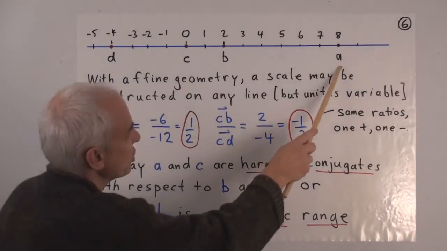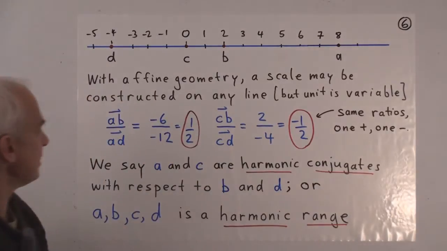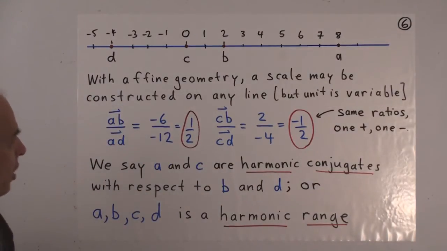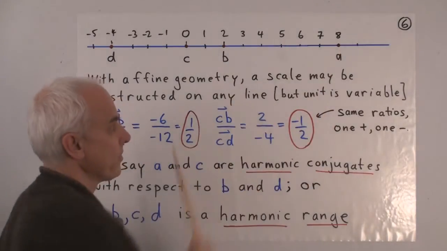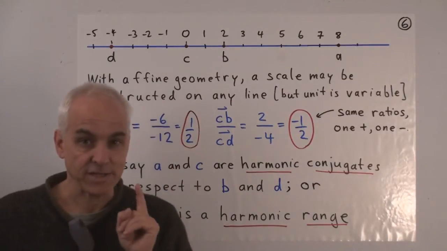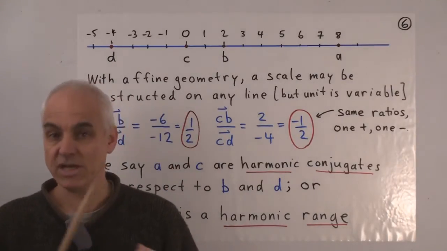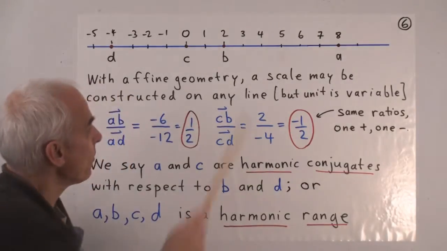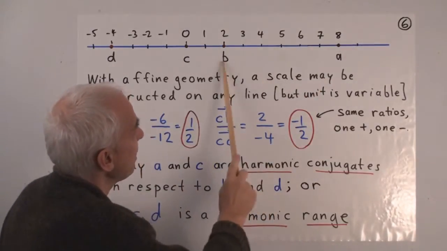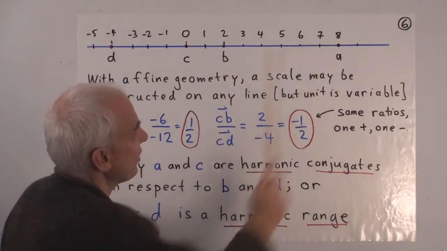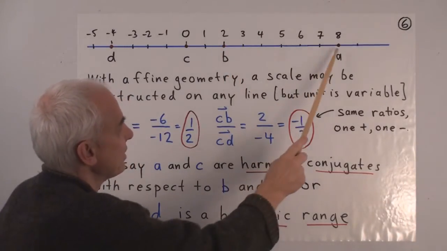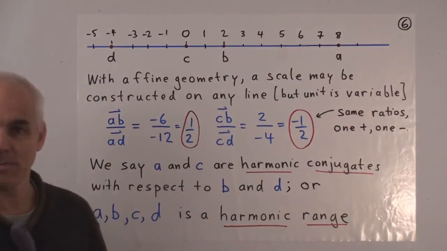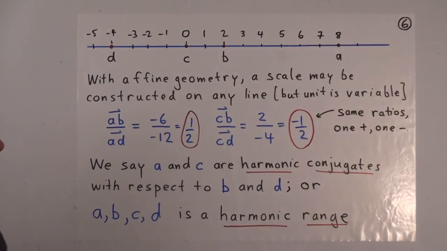And now let's look at the relationship between these 4 points A, B, C, and D. We're going to think in terms of displacements. So our scale is not measuring distance, it's measuring relative position or displacements on this line. So from B to A is a displacement of 6, while from A to B is a displacement of -6, because we're going in the opposite direction.